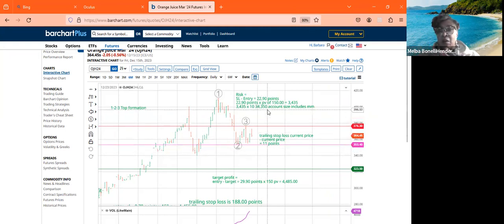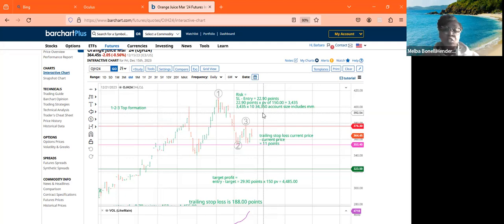And then our stop loss is set at the number 3, which in this trade is 376.30. You subtract those two numbers, and it comes up to 11 points between the two. And that's going to be your trailing stop loss, 11 points.